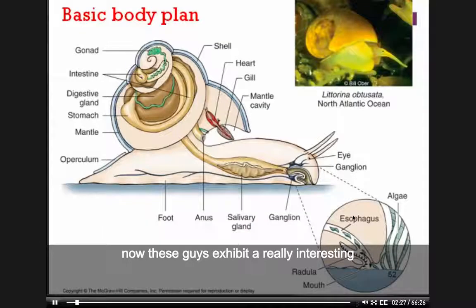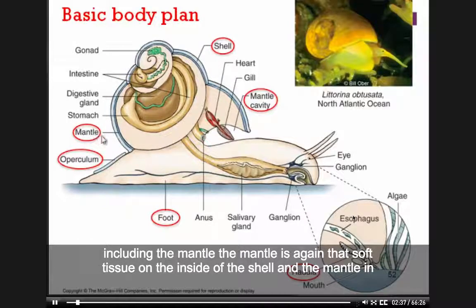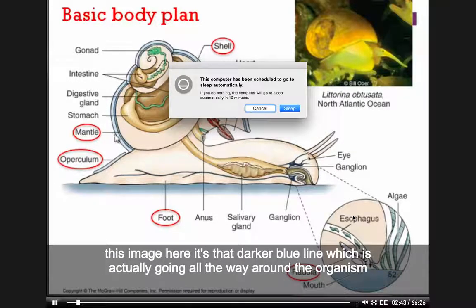Now, these guys exhibit a really interesting kind of basic biology. They have here a couple of the things that I have already pointed out, including the mantle. The mantle is, again, that soft tissue on the inside of the shell. And the mantle, in this image here, is that darker blue line, which is actually going all the way around the organism.